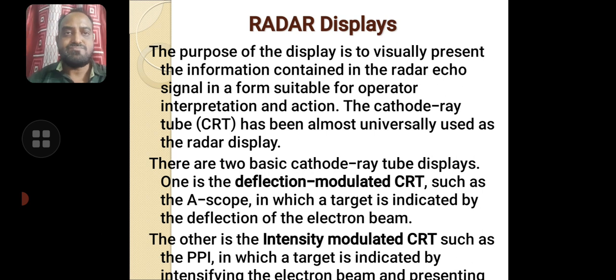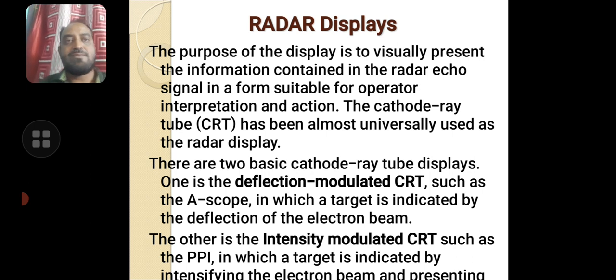Now, the two types of basic CRO displays are: one is deflection modulated CRTs, such as A-scopes, in which the target is indicated by the deflection of the electron beam, which is a common thing. The other one is the intensity modulated CRTs, in which wherever there is a target, the intensity is made high.